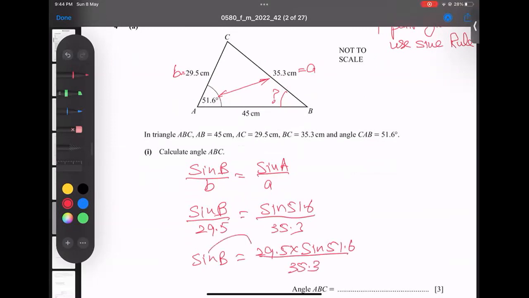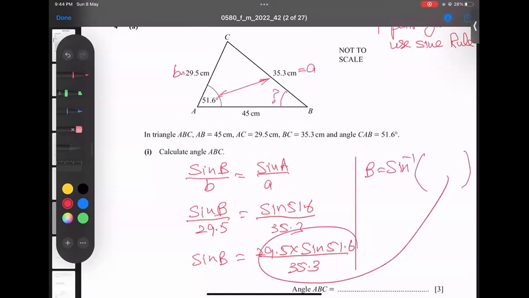Now sine will go inverse. So B alone equals sine inverse. Either you type the whole thing as it is here or you type it in the calculator. I'm typing 29.5 into sine 51.6, and down 35.3.